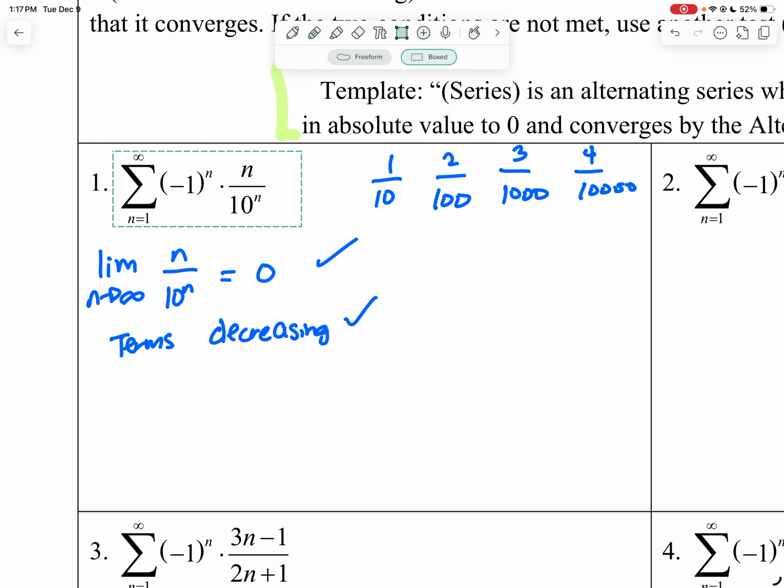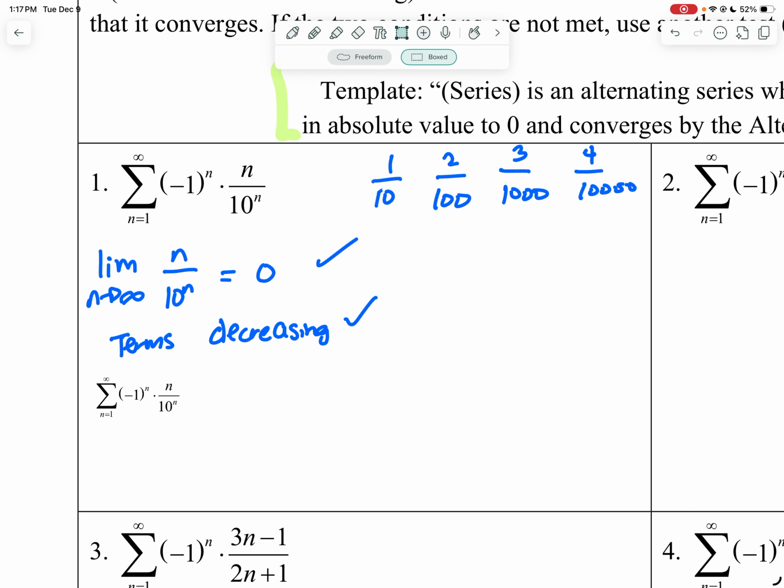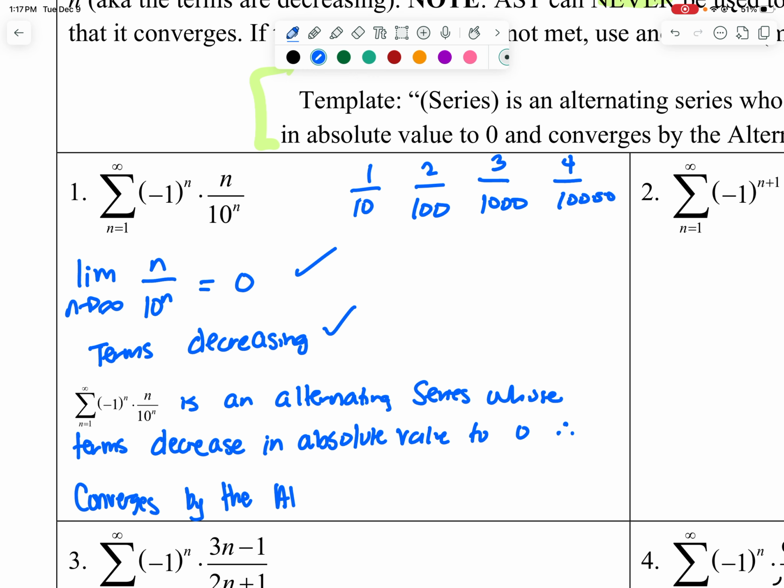So we're going to say this series, and you actually want to write it out, is an alternating series whose terms decrease in absolute value to 0, therefore converges by the alternating series test.